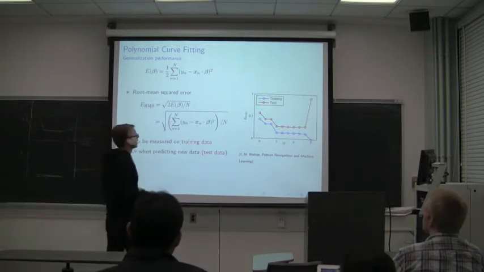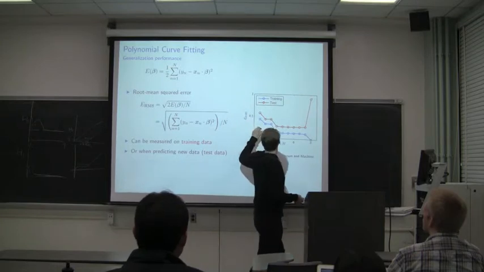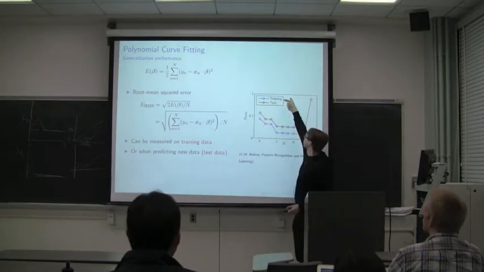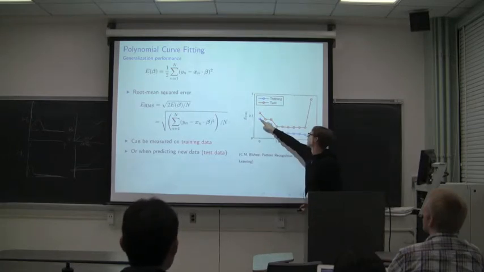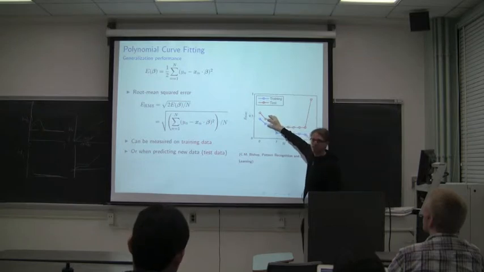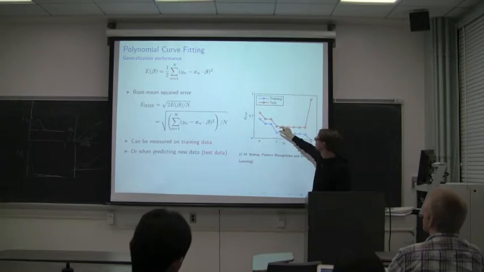And then we see that if you plot the root mean squared error, we can measure it on the training data and on the test data. Typically on the training data it's smaller, so we get a better fit on the training data than on the test data. The difference between these two curves is basically the amount of overfitting that you have for a given model.